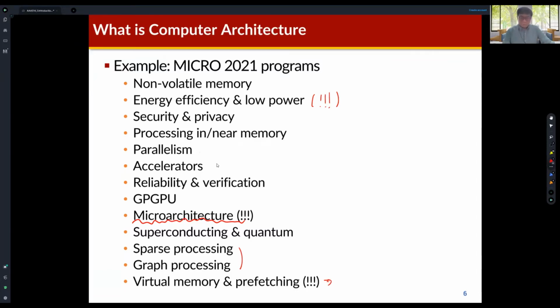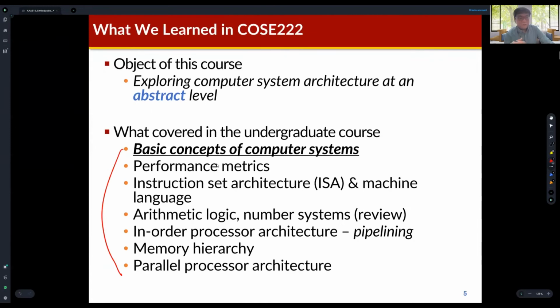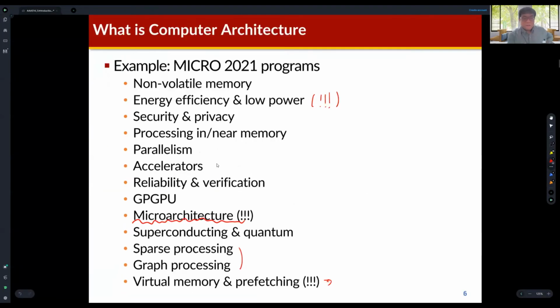So, can you find any common topics between the traditional topics in the undergraduate computer architecture course and the recent research topics in the top-tier conference? We can find only microarchitecture, virtual memory, and prefetching, and then energy efficiency and low power, and parallelism.